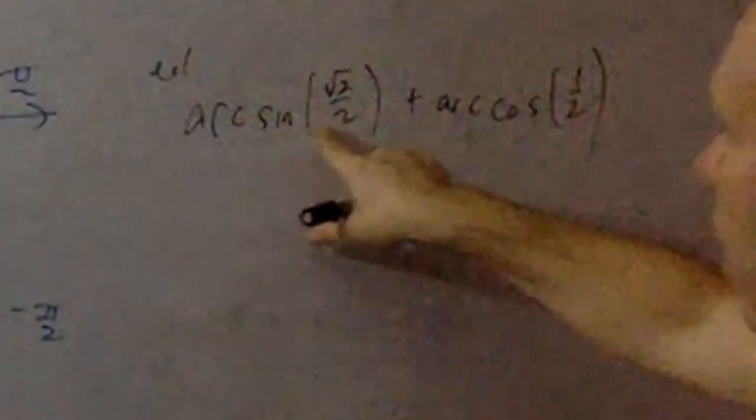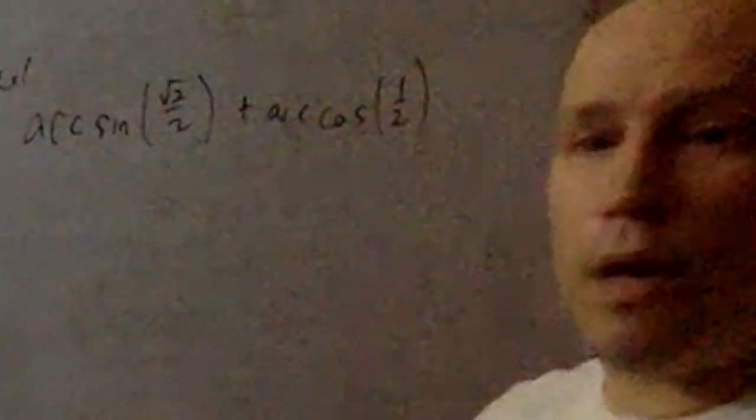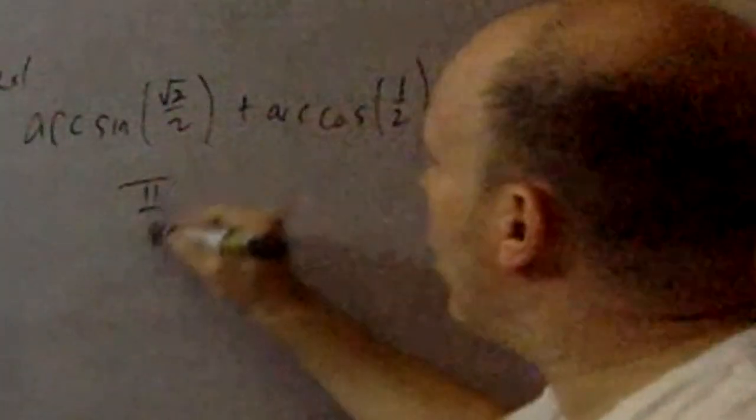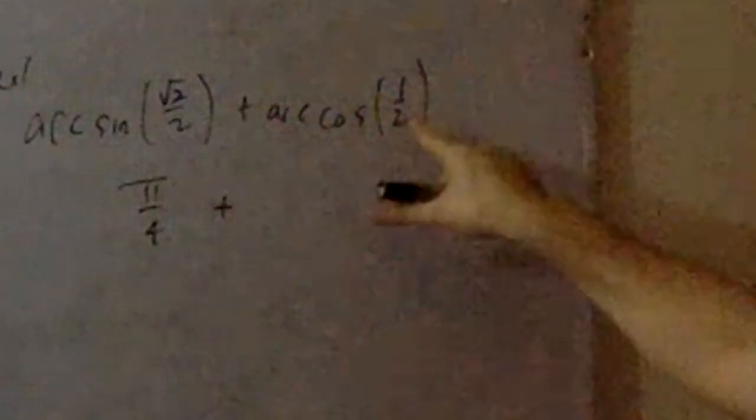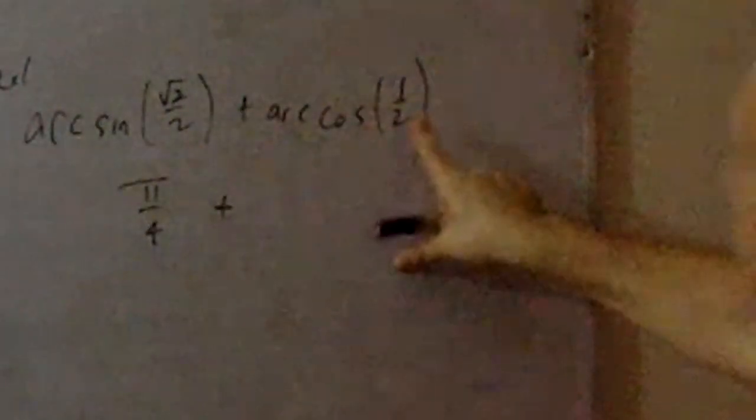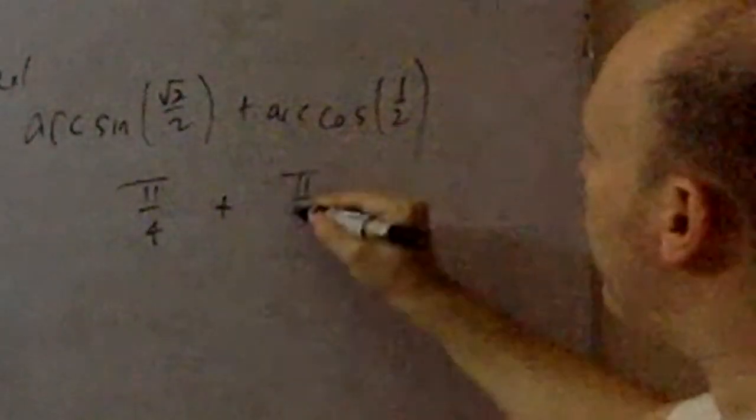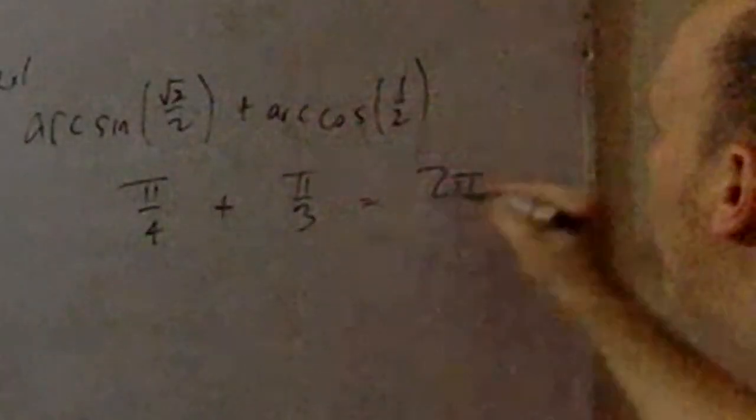Well, I know that this is 45 because I've memorized it, pi over 4. And the arc cosine of 1/2, I know is 60, or pi over 3. And so what is it? It's 7 pi over 12.